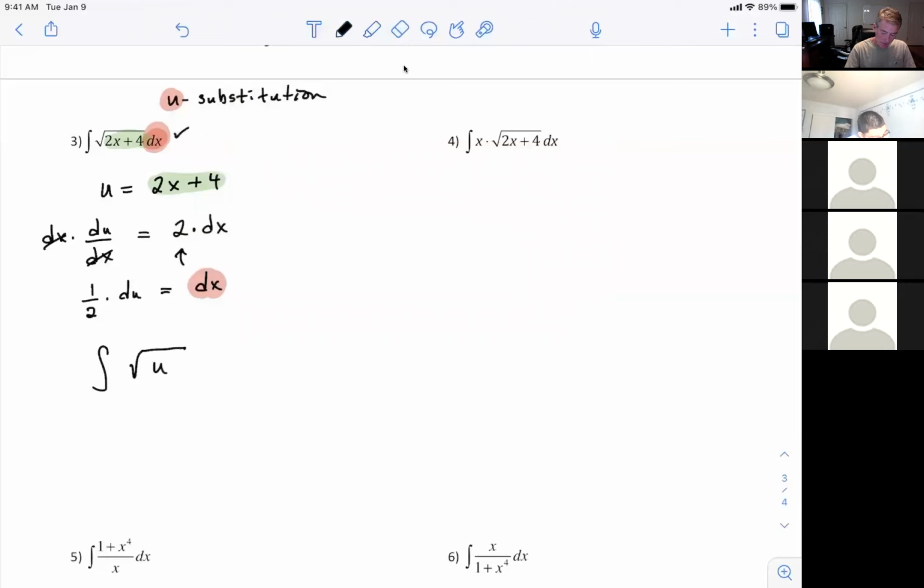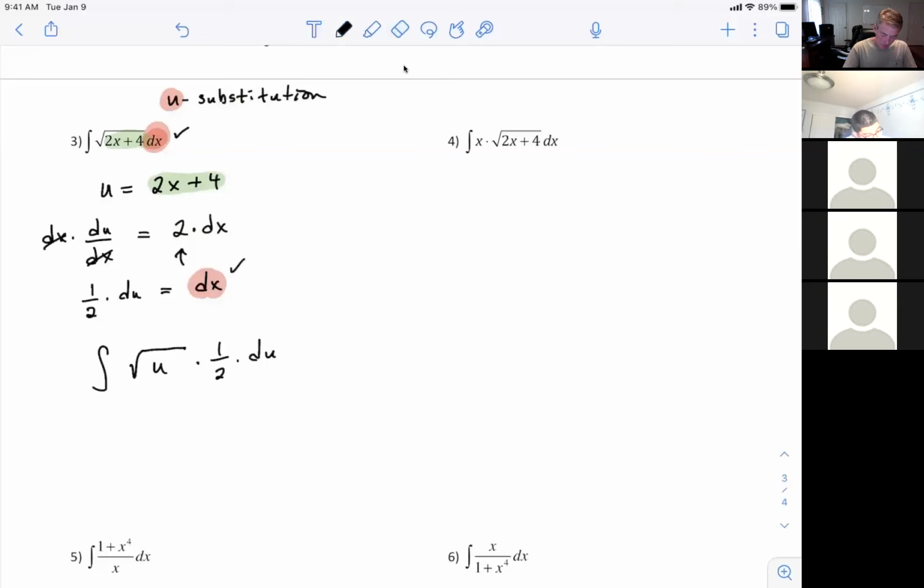And then to replace dx, well, dx is equal to 1/2 du, so it's going to be 1/2 times du. And that right there is that extra 2 that when I did it the first time, I was missing, that 2 on the bottom, and I had to go and put it myself. Well, this u substitution is making sure you don't miss it. It's putting it there for us.